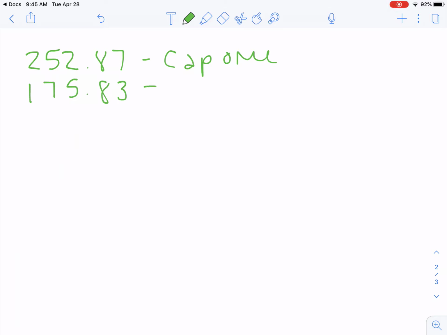If we go through their line items, they have a Capital One card payment for $252.87. And that was Cap One. That's a credit card payment. They also have a Nordstrom's card payment, which is $175.83.